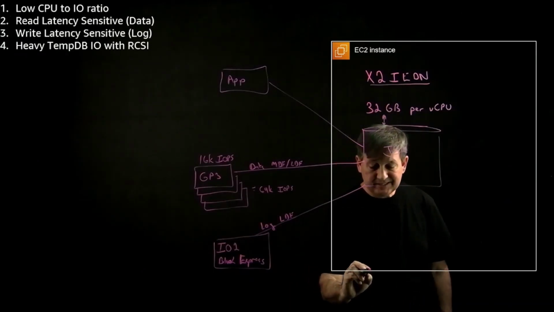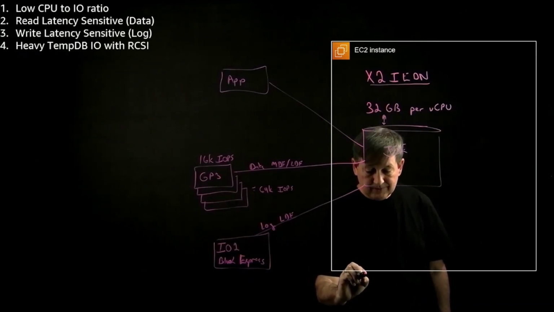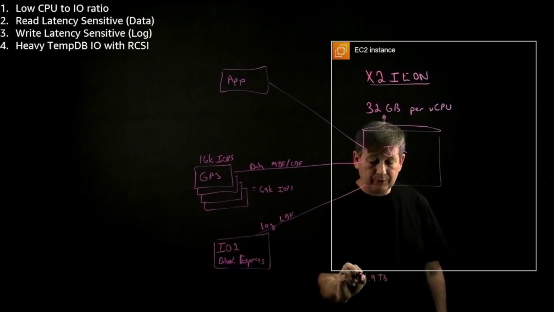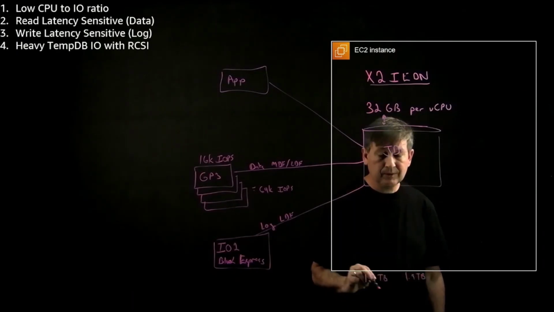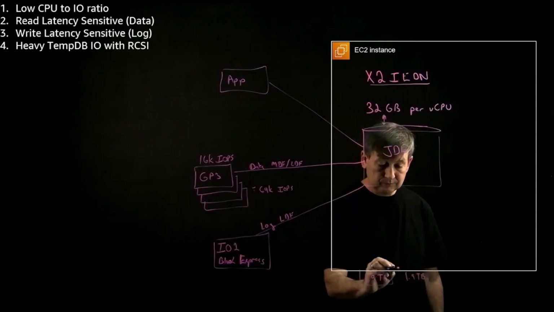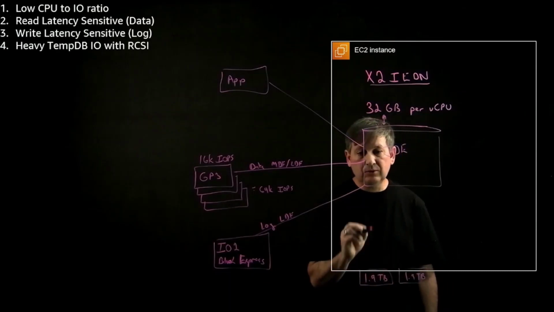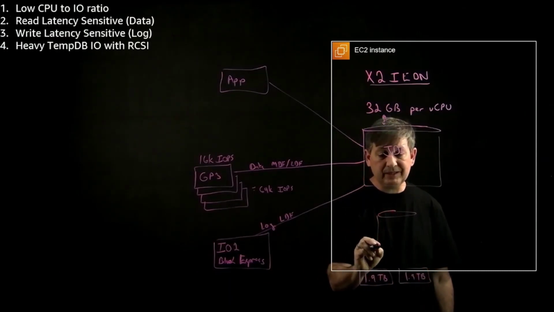So these instance stores, which we can have up to 1.9 terabytes per instance store with up to 2 of these instance stores per server, are ideal for our TempDB IO requirements.